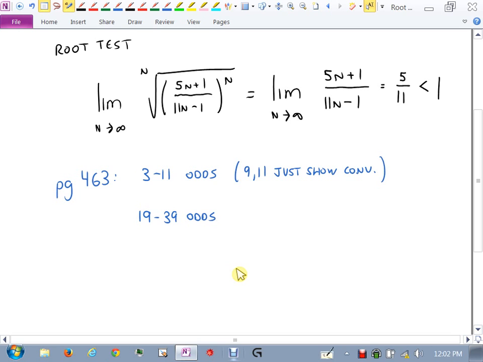It takes a little bit of time, and I wanted to get through the test. So ignore when it says, how many terms of the series do we need in order to find the sum to the indicated accuracy? When you keep adding more terms, you get closer and closer. It says to use this formula to determine how many terms you would need to be within a certain tolerance.